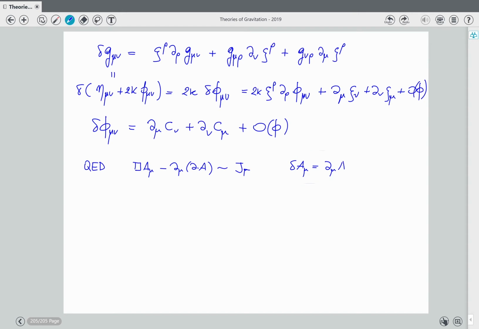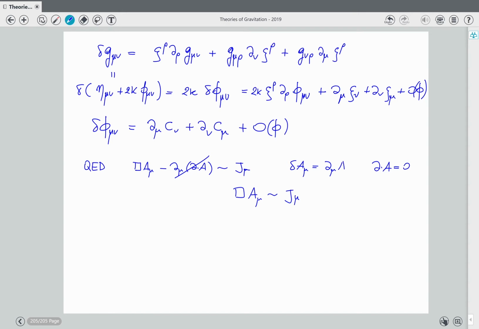So you need to fix the gauge, and the gauge fixing that you normally use is this. So you get rid of that term, and you get box A mu equal J, some constant depending on your system of reference.